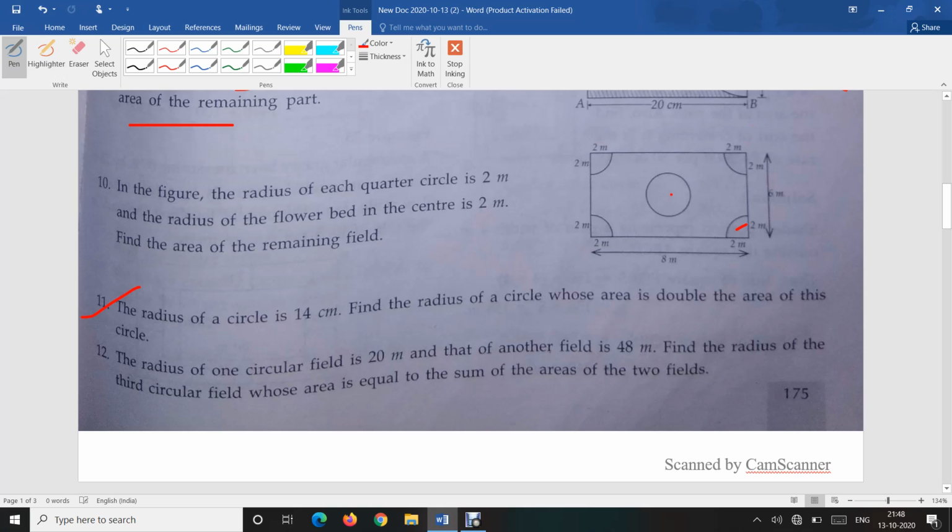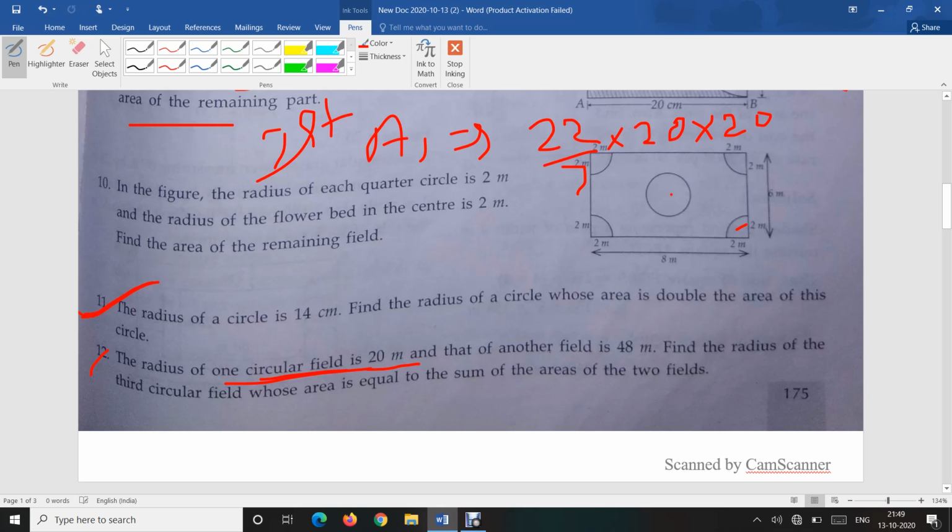I have already given the solution of question number 11. Now see question number 12. Question number 12 is saying the radius of one circular field is 20 meter. This is the first circle, radius is given, so you can find out the area, which is A1, equal to 22 upon 7 multiplied by 20 multiplied by 20.